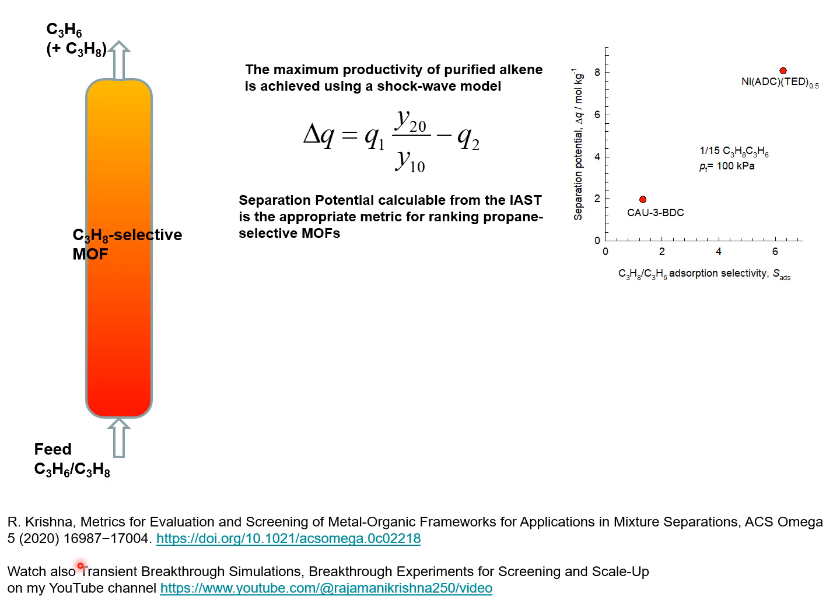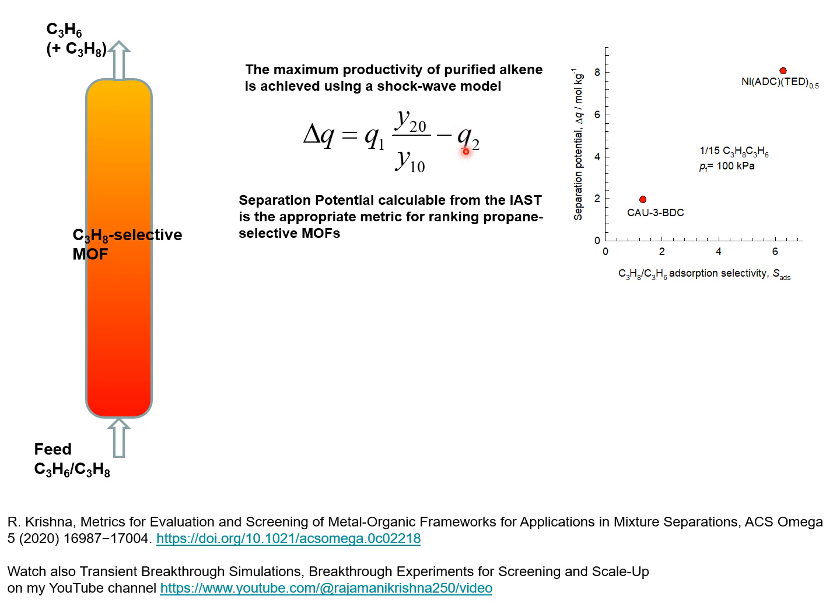The separation potential is described in my ACS Omega paper 2020, and the expression for the separation potential is delta Q is equal to Q1, the component loading of species 1, which is propane in the mixture, calculable from IAST.